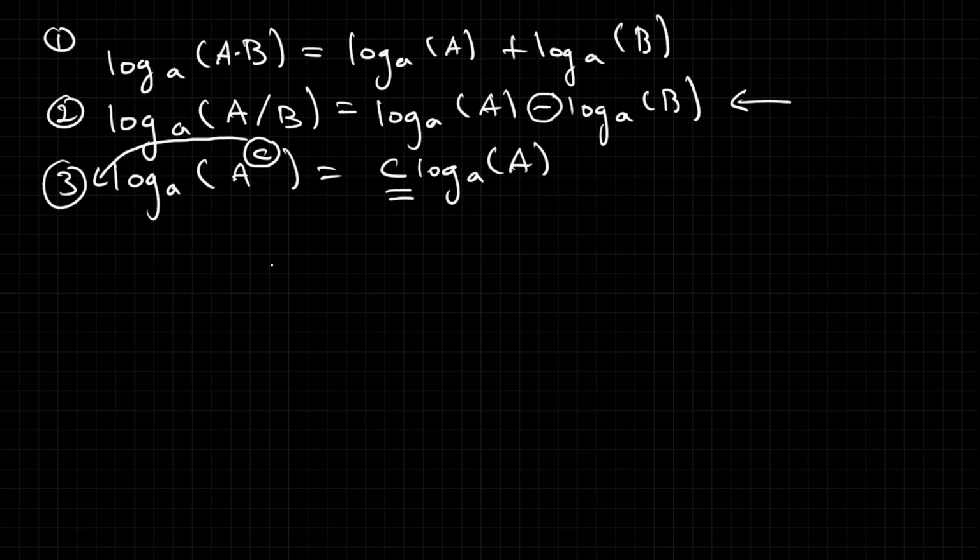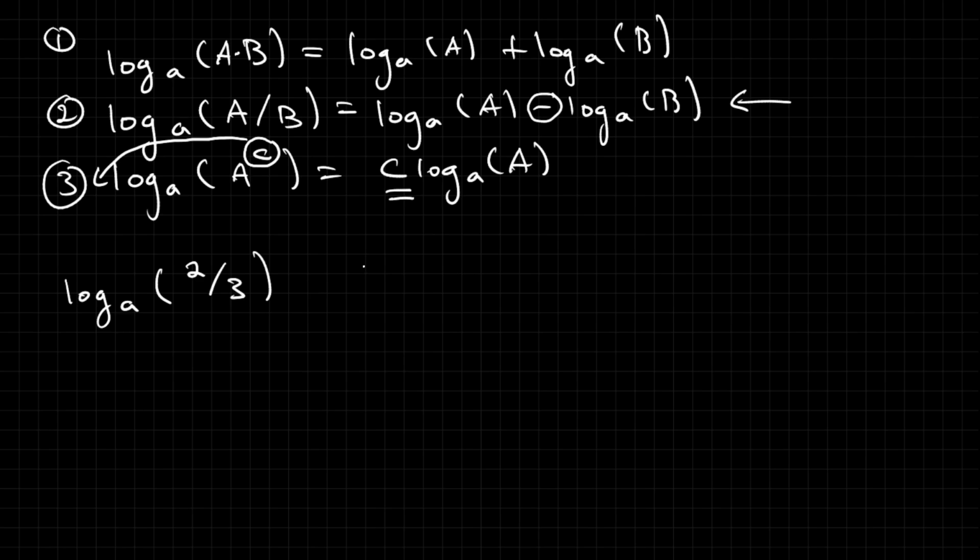The reason I suggest that is because you do something very similar to explain why rule 1 is true. Okay, so how you can go about doing this in an easy way is I'm going to set capital A and capital B to be numbers. I'm going to pick 2 and 3.